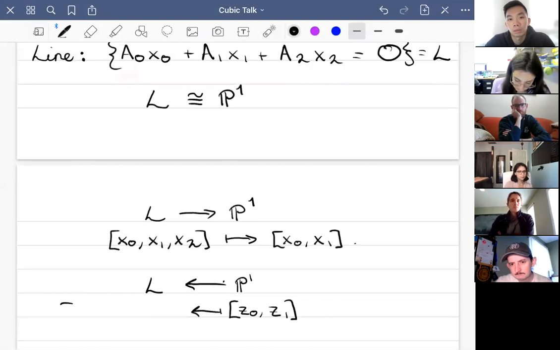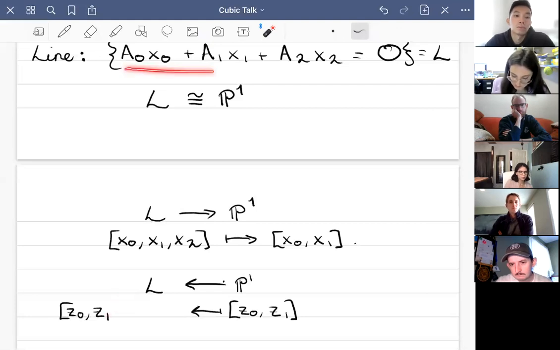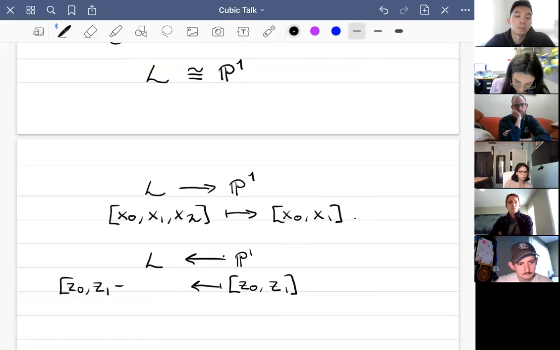So one thing I can do is send it to Z0, Z1, and then the last coordinate Z2 we can just solve this equation for. So you see that this would be minus A0 Z0 minus A1 Z1, divided by A2.